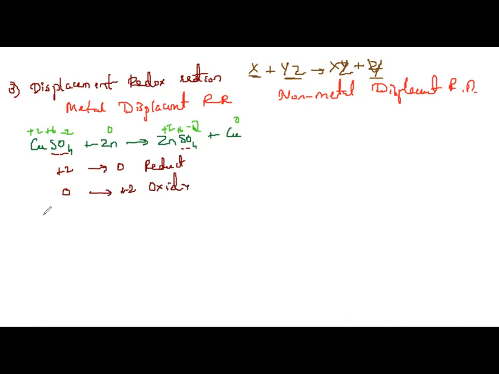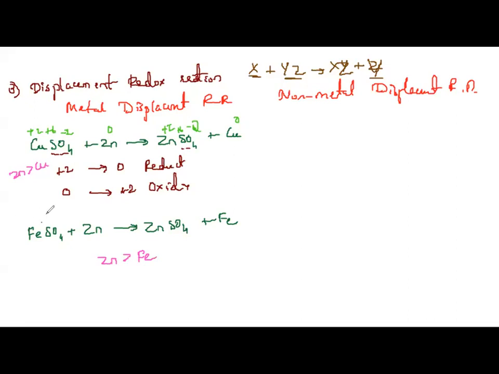Take one more example: FeSO4 plus zinc gives ZnSO4 plus Fe. Since Zn is more reactive than iron, it can displace iron from its solution. Let us write the charges.